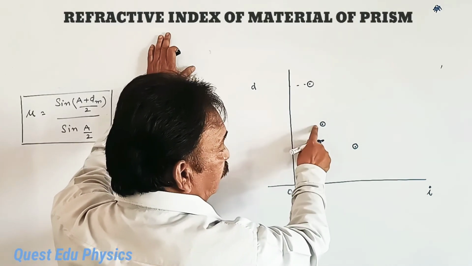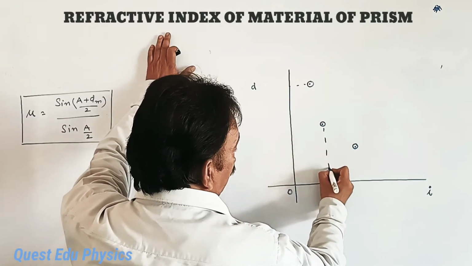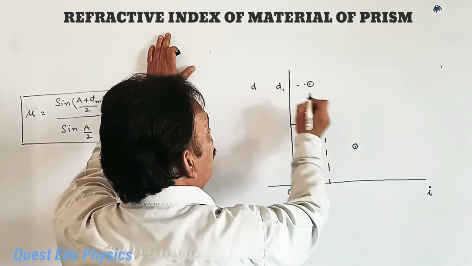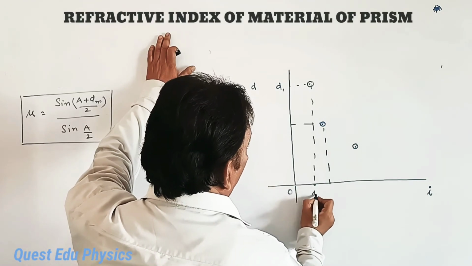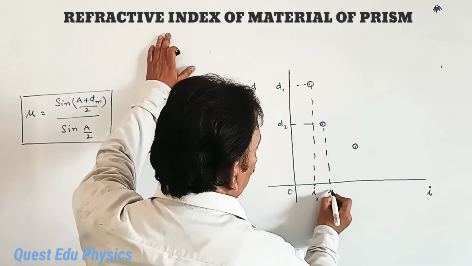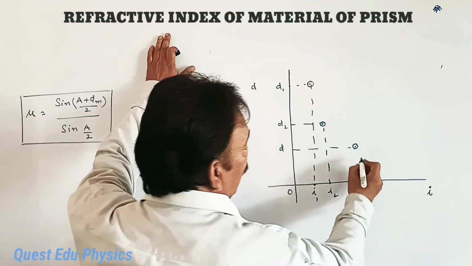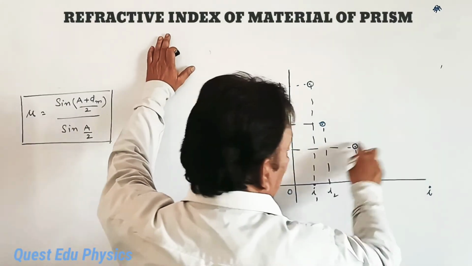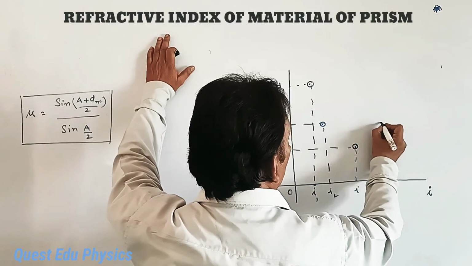Okay, students, here we are getting with respect to i, see this. It is D1, and here we have I1; it is D2, we got it as I2; then we got a particular value D, there we have I; then after that D is increasing, and with respect to D, I also increases, students.